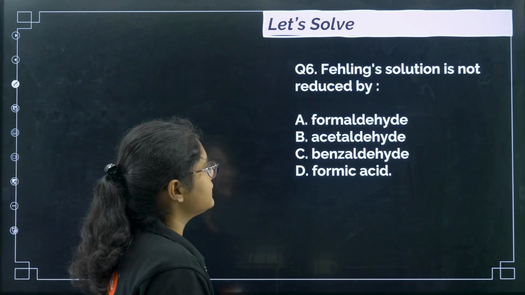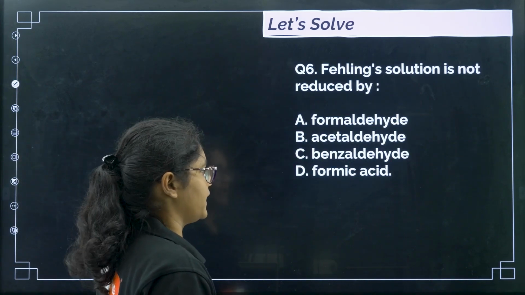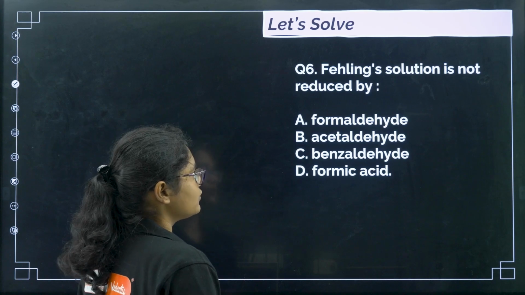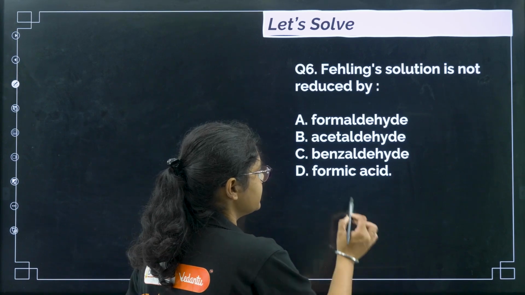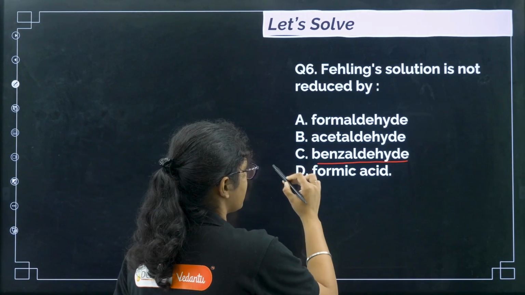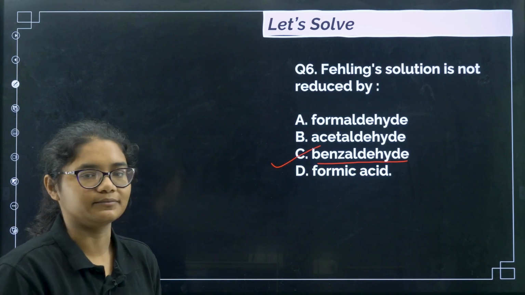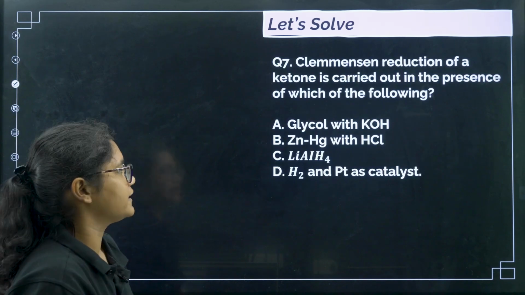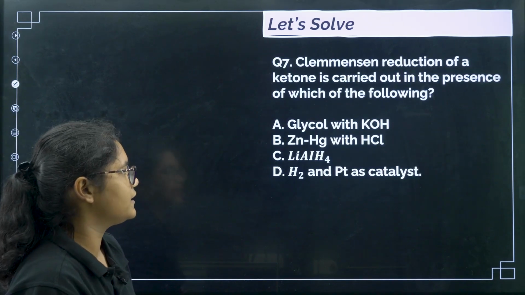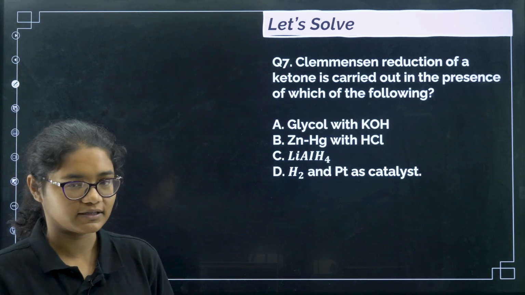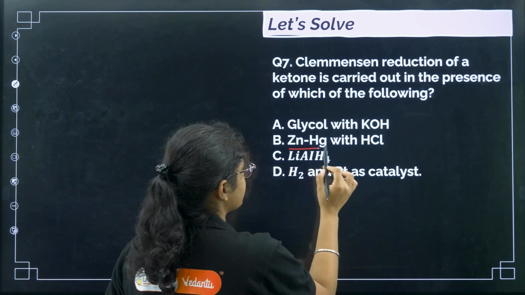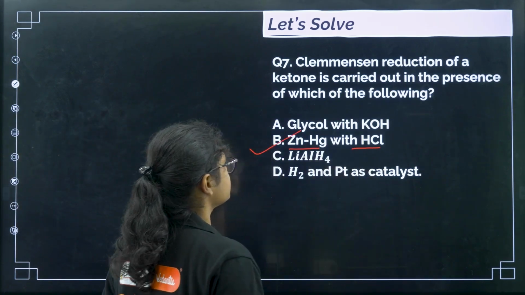Okay, next, Fehling solution is not reduced by. As I told you, Fehling solution will not react with aromatic aldehydes, right? So the correct answer for this question is option number C, benzaldehyde. Next, Clemmensen reduction of a ketone is carried out in presence of which of the following? So what is the reagent for Clemmensen reduction? ZnHg and HCl. The correct answer is option number B.